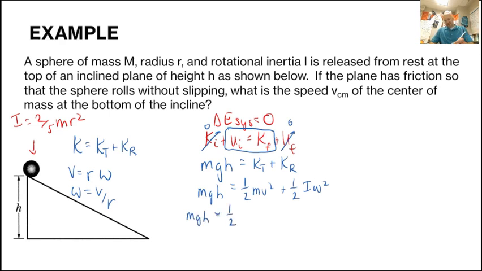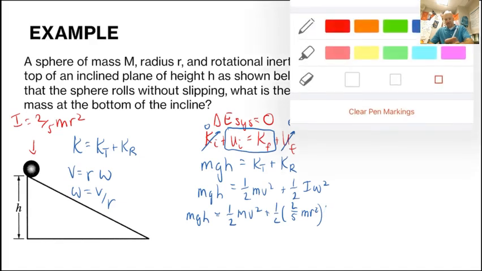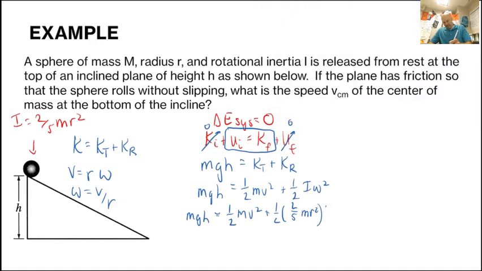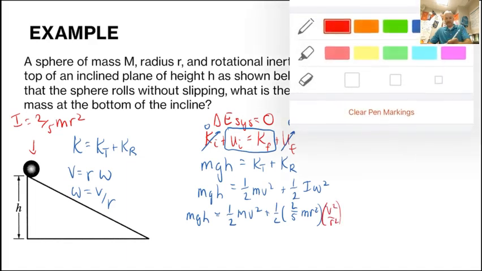So we get mgh equals 1/2 mv squared plus 1/2 times 2/5 mr squared times v over r, squared. To save a little space, this becomes v squared over r squared, and we can do some canceling.